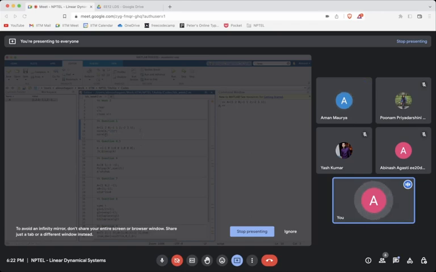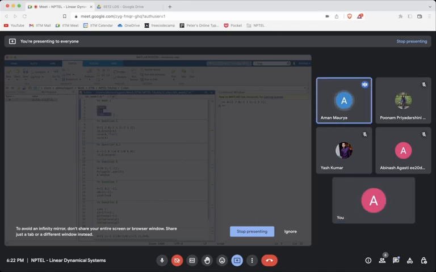Okay, so first maybe we can do it step by step and let us find out the eigenvalues of this matrix.